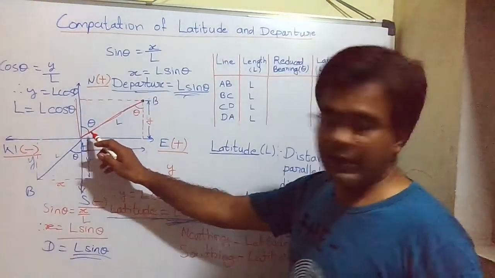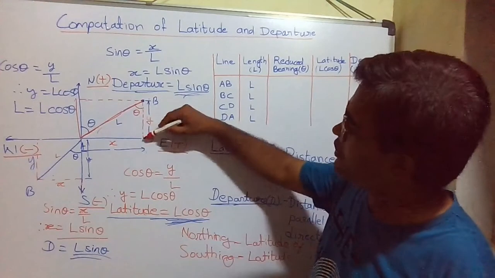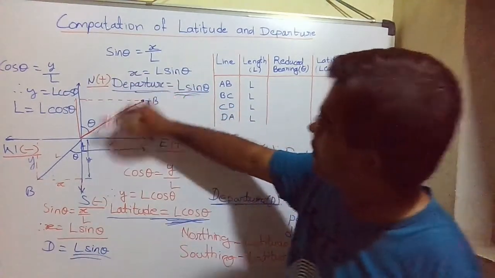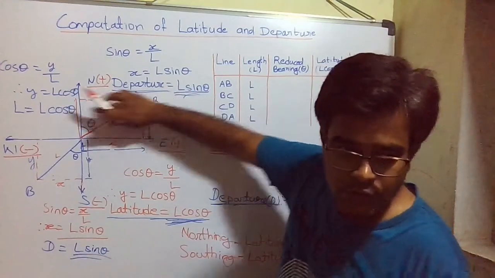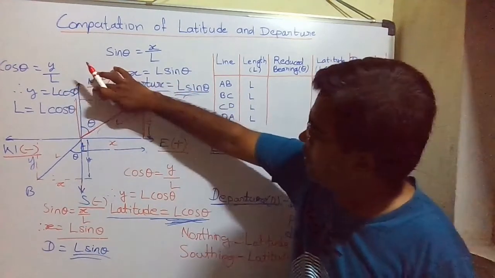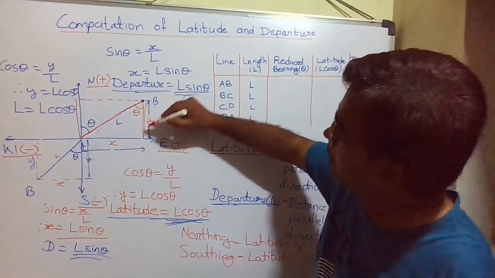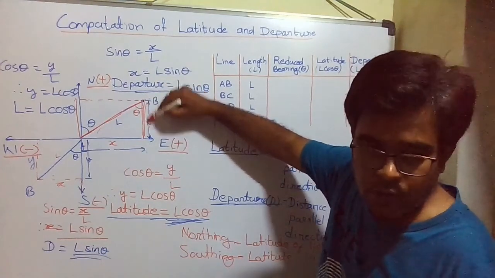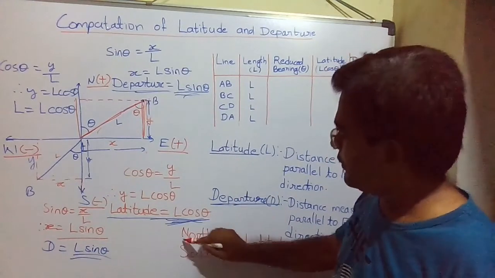See, if your line is in the first quadrant, then what is the latitude? Latitude is the distance parallel to this north-south direction. So here your latitude is parallel to the north or towards the north. If your line is in the northeast quadrant, then your latitude is towards north or along north. If the latitude of a line is towards north, then it is called northing.